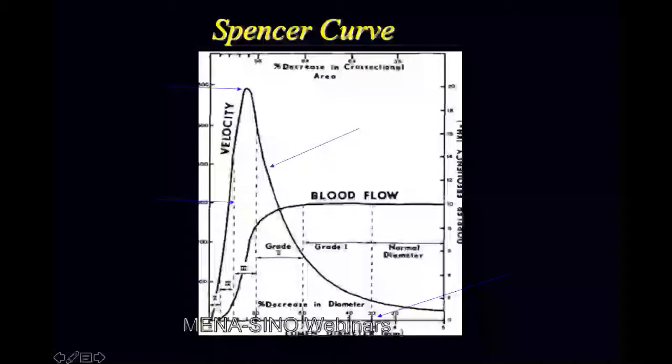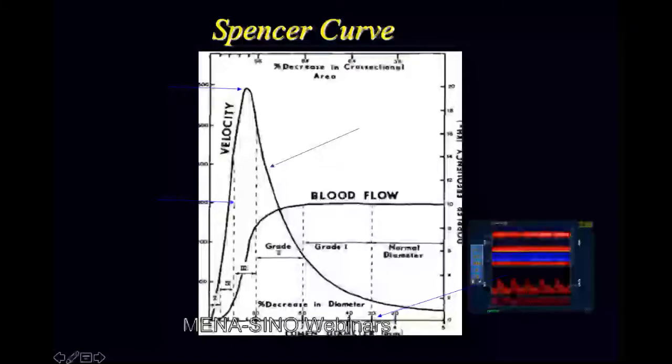You have the velocities, the blood flow, and the lumen diameter. In general, the lumen diameter in the MCA ranges between 3.5 and 4 mm. That's where you have a normal velocity and normal flow, as you see.